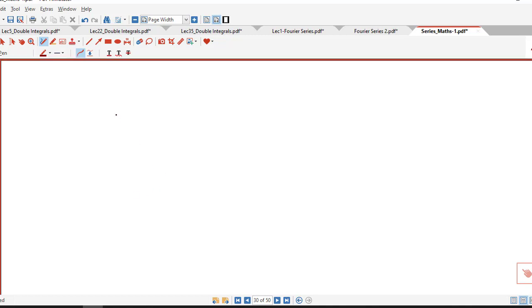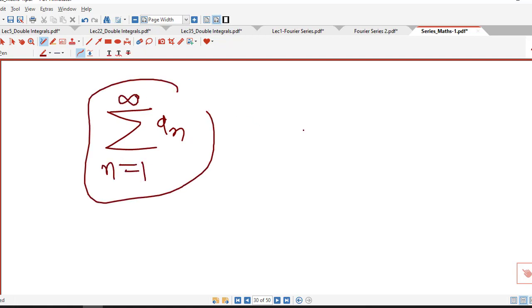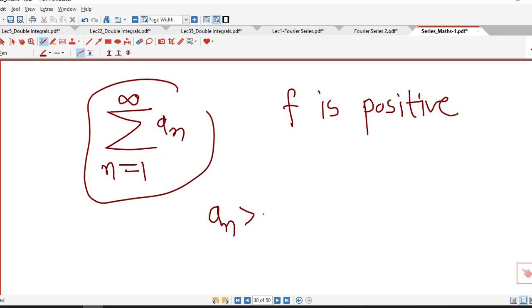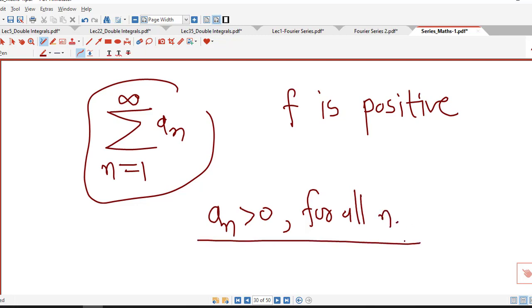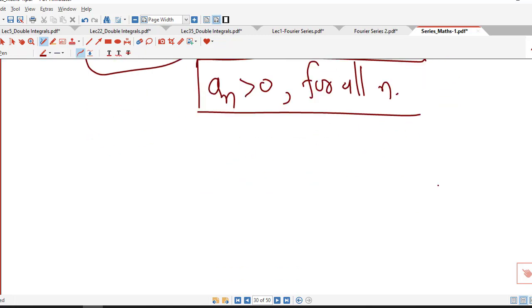One more thing we have to remember: to apply the integral test to a given series, we require that our function is positive. We can apply the integral test for those series for which a_n is greater than 0 for all n, that is, all the terms of this series must be positive, otherwise we cannot apply the integral test.